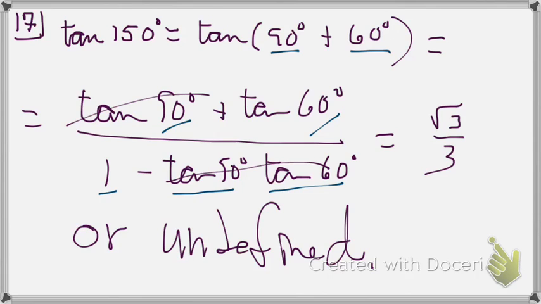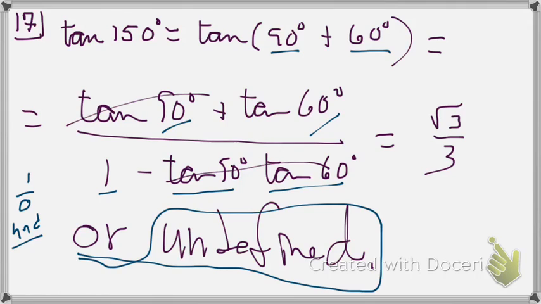Now the tangent of 90 is 1 over 0, which is undefined. Okay, so you could say that this is undefined, or if you really wanted to, what it comes down to is the tangent of 60 degrees, which is the square root of 3 over 3. Okay.